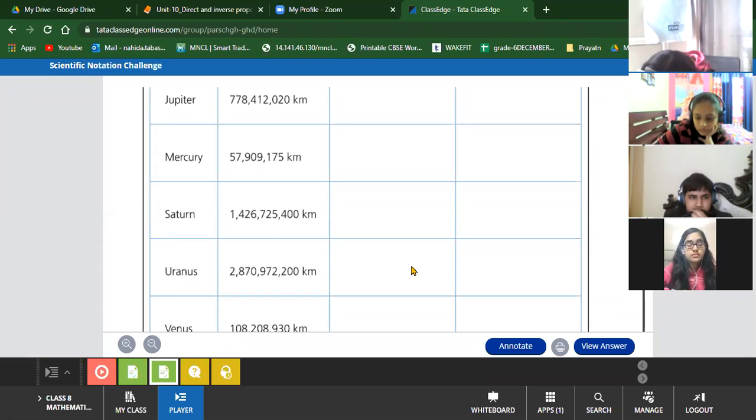For astronomers and astronauts who are dealing with planets, their distance, their diameter, these are going to be very big numbers. So to record them in an efficient and understandable way, they use this standard form.